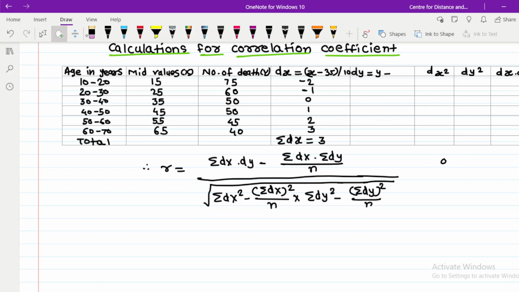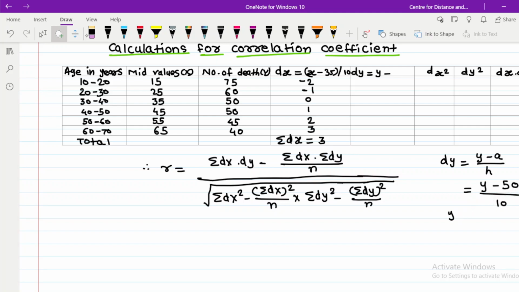Dy is equal to y minus a divided by h, which is equal to y minus, here the value of a is to be taken as 50, divided by the value of h, which is 10.